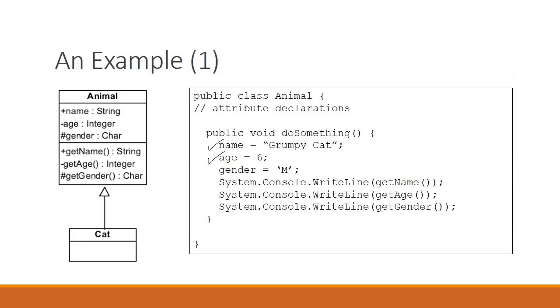Well, the protected visibility says that it's accessible by either a subclass of the class or the class itself, and therefore gender is also accessible. The same holds true for all the operations. So the public operation can be directly accessed, getName, getAge, and getGender. So in this case, this code compiles with no problem.